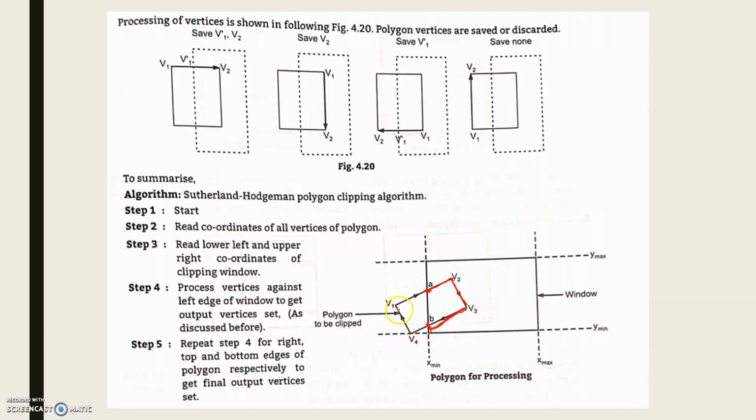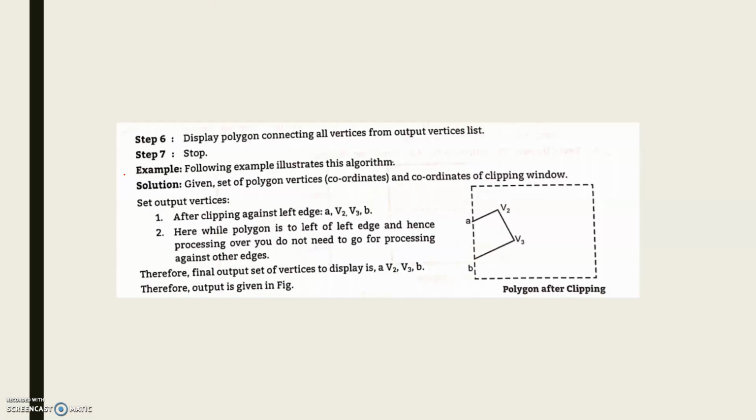Then next, for V4, V1, both the vertices are outside the clipping window, so that total line will be discarded and only this portion of the polygon will be displayed on your output. That's all about your polygon clipping algorithm. Okay.